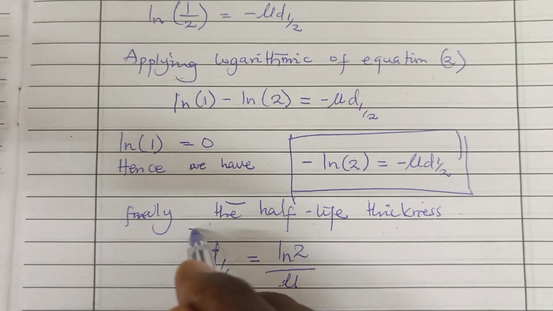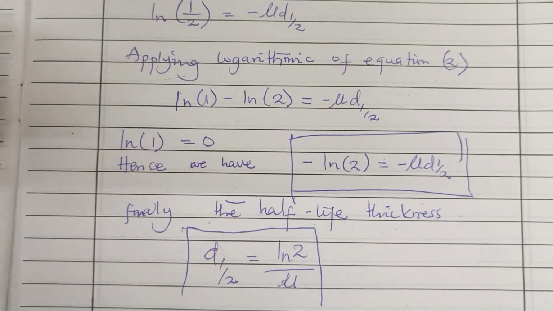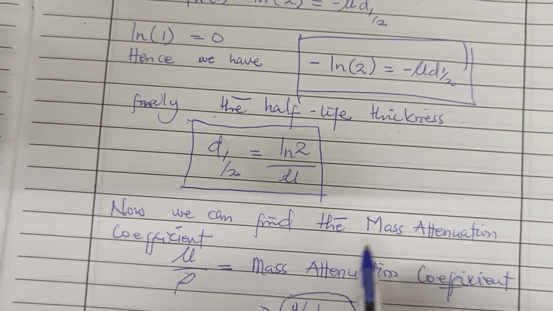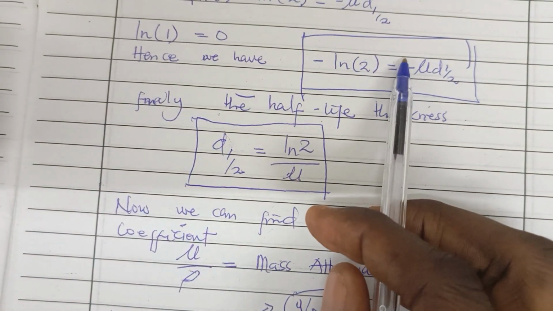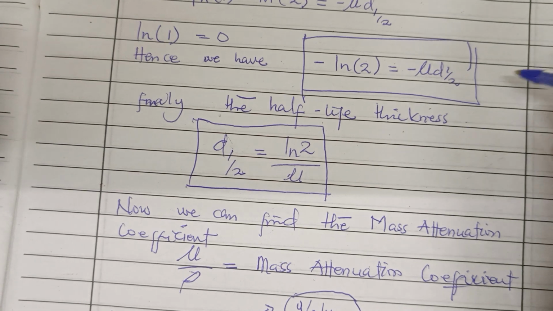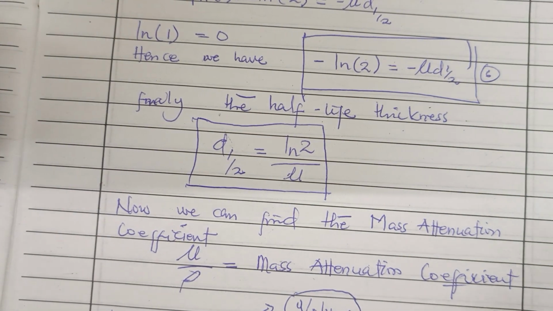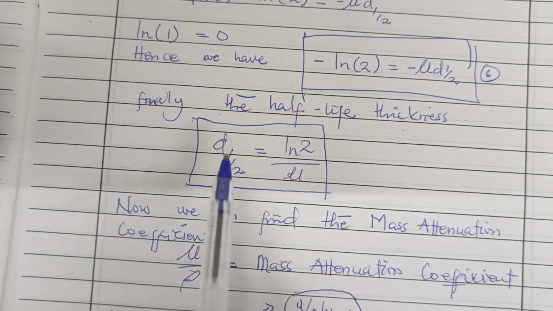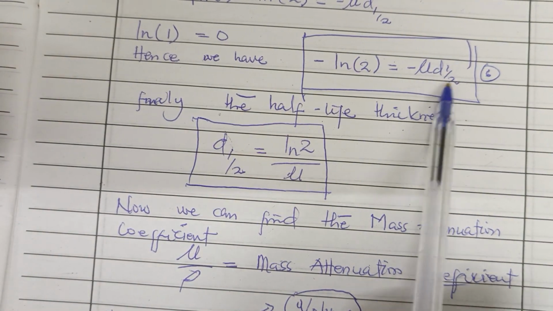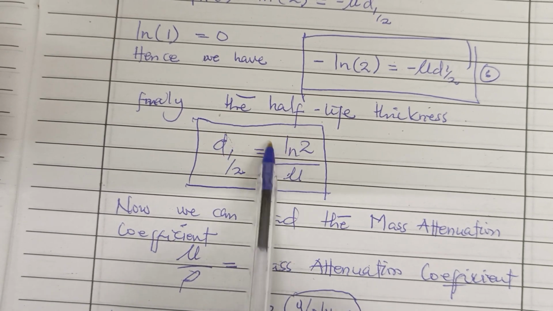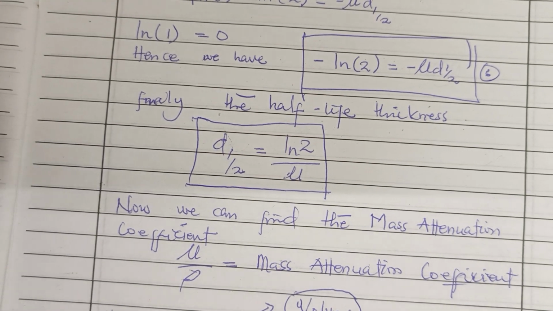You get it? So this is how we find the half value thickness of the absorber material. We can call this equation 6. Making D the subject in equation 6, we get an expression like this, and this will help us find the half value thickness of the absorber material.